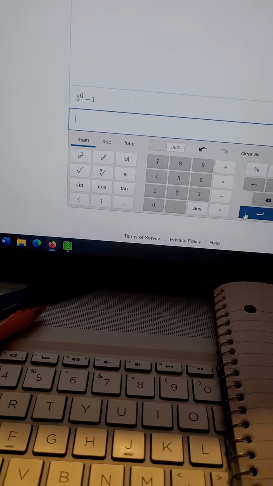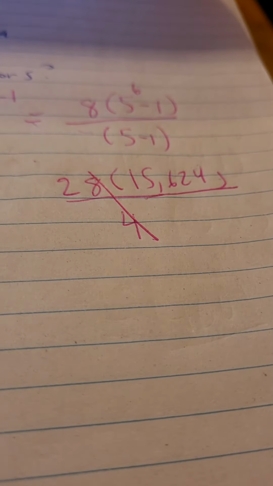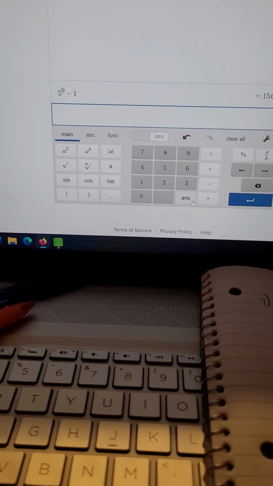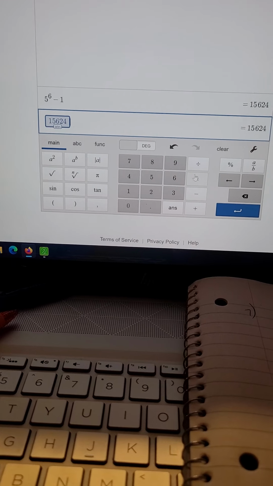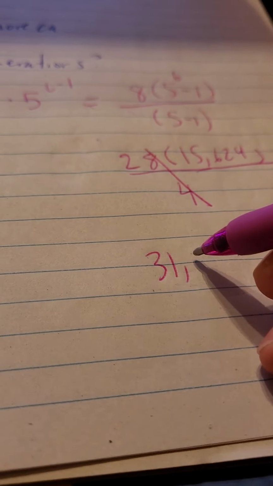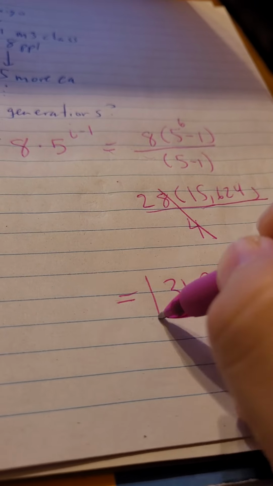Now we can do the other thing. By the way, I just noticed 8 divided by 4 is 2. So we only need to end up multiplying that thing by 2. So let's click on answer. Multiply by 2 equals, I would have 31,248 math descendants in 6 generations.